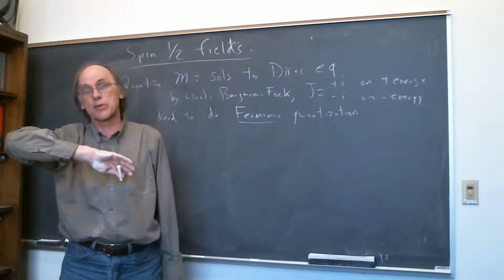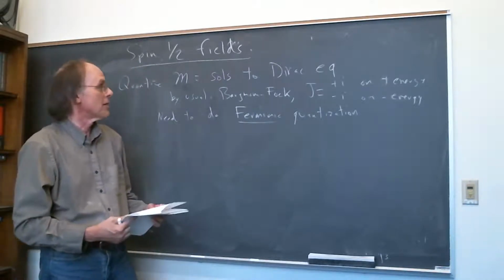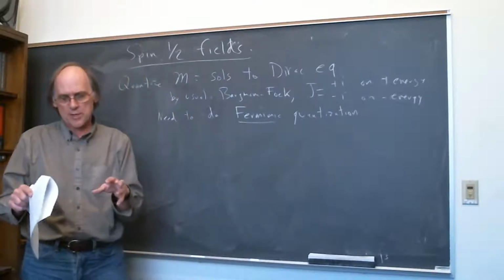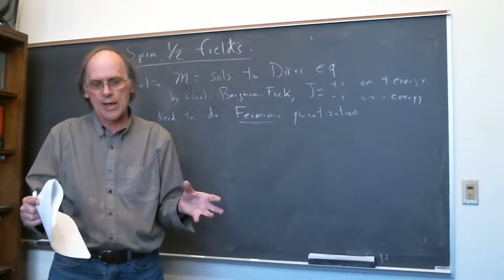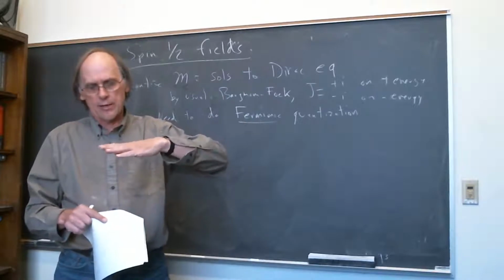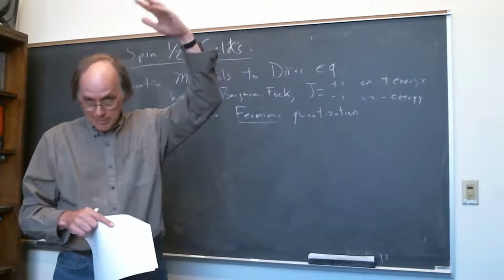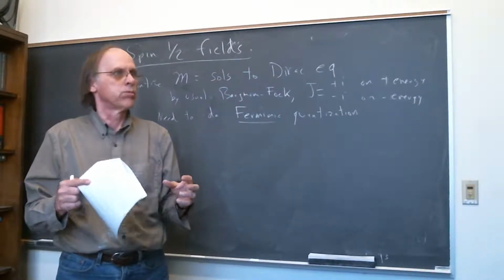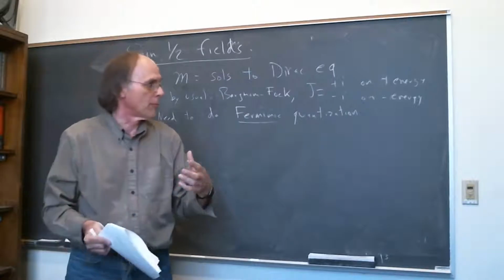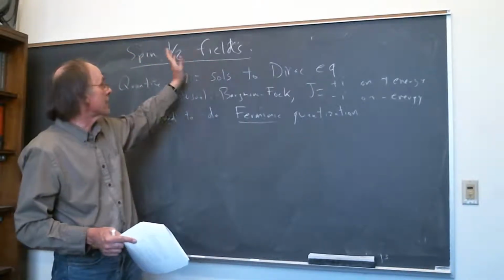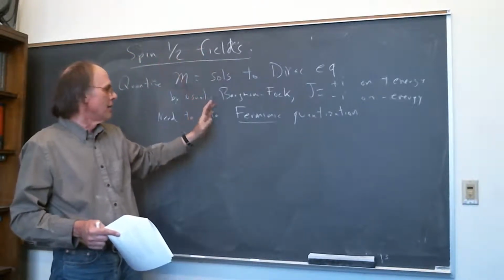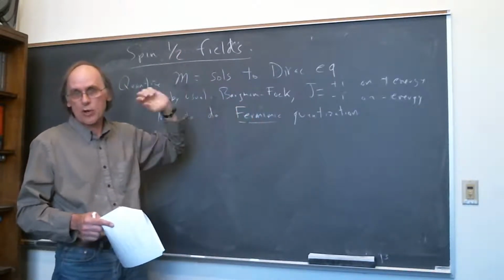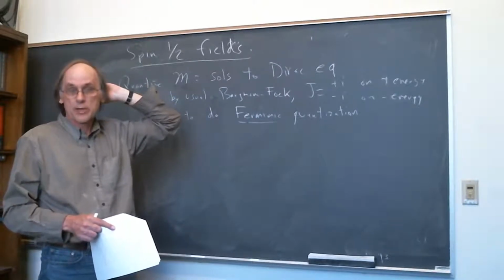There's a very general theorem which you can prove, and all it really uses is the Lorentz invariance of the theory and the fact that you want your states to be positive energy. That plus Lorentz invariance plus causality lets you prove that you have to use fermionic quantization for half integer spins and bosonic quantization for integer spins.